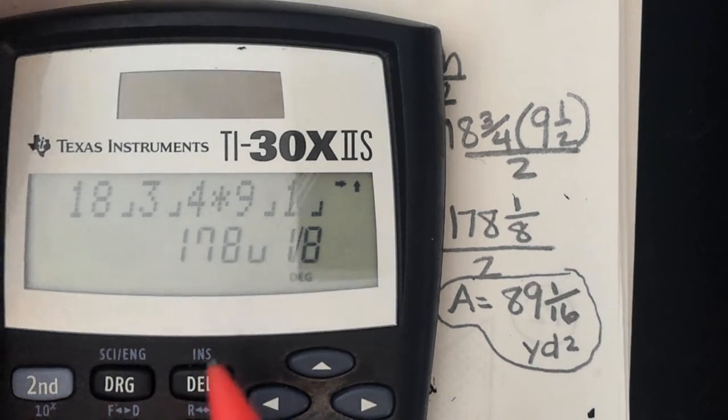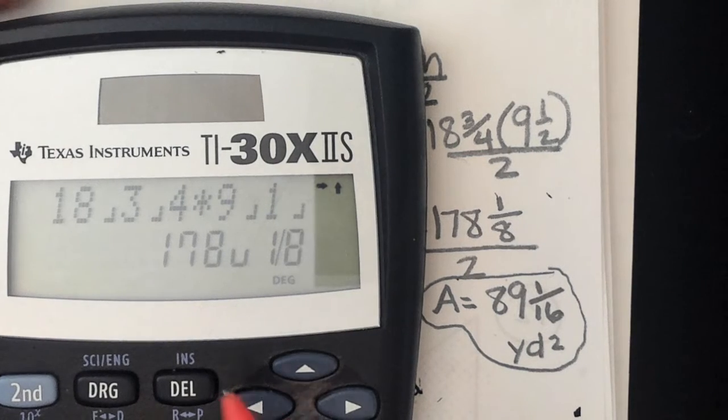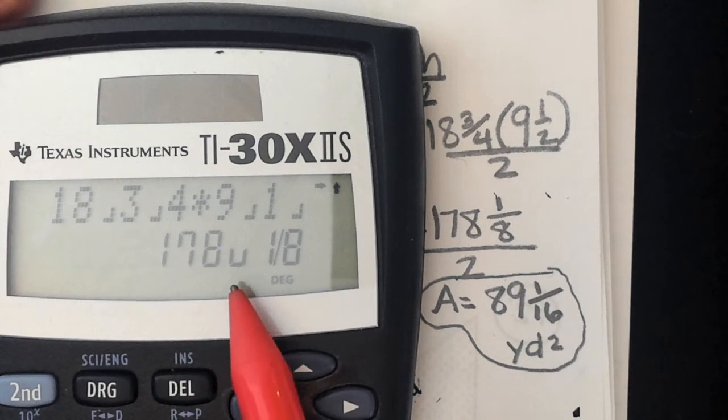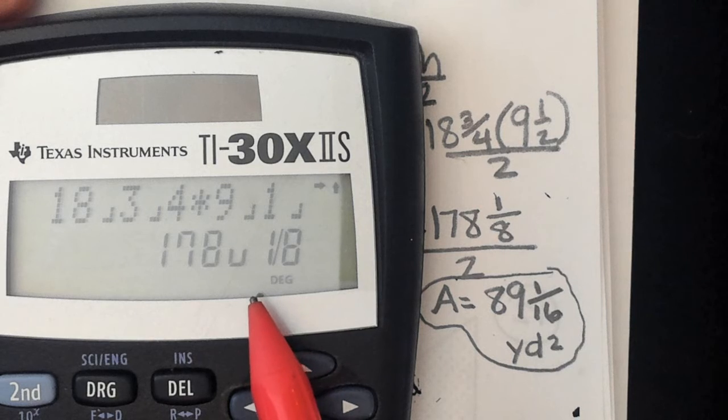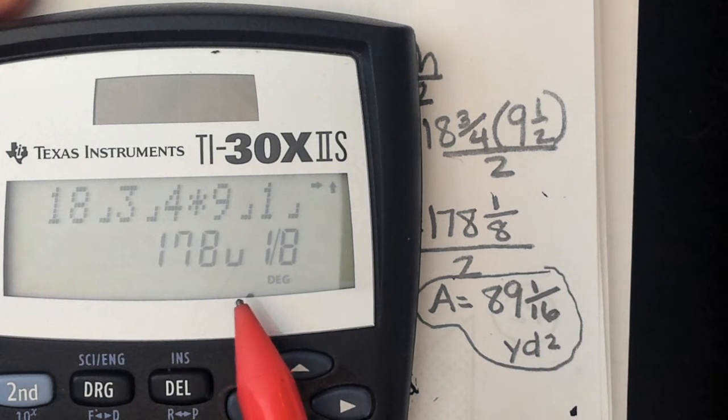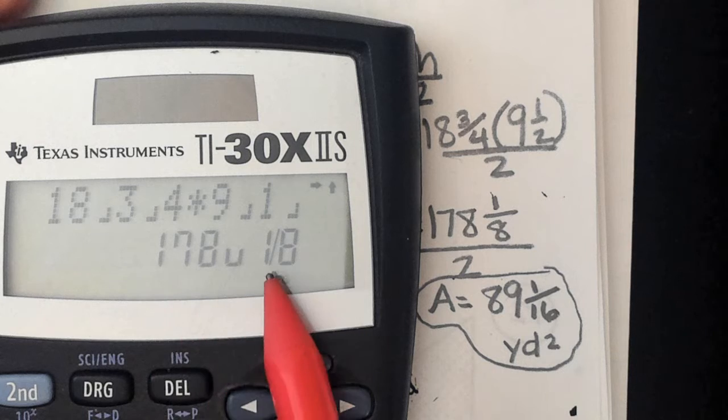Can you listen? Don't just go with what I got. Please see if you can get that answer, especially since it's 2 fractions you're multiplying. If you type it in, can you get that?